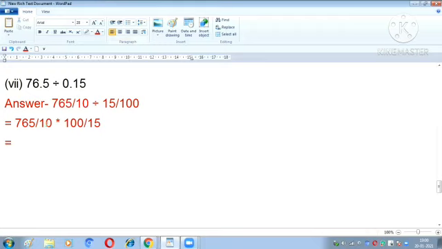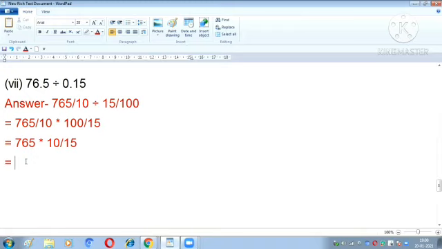Now we will cut one 0 from 10 and one 0 from 100. So this will be 765 multiplied by 10 upon 15. Now 765 can be cancelled out by 15, 51 times. 15 multiplied by 1 is 15, and 15 multiplied by 51 is equal to 765.